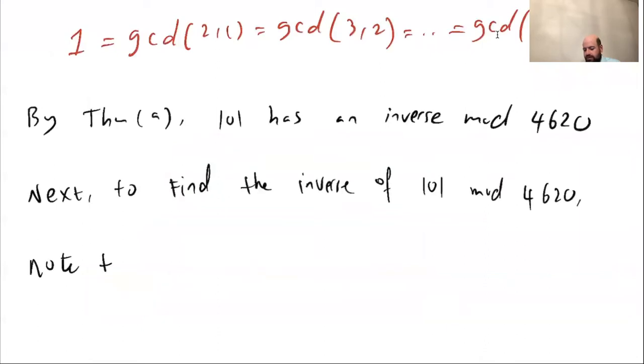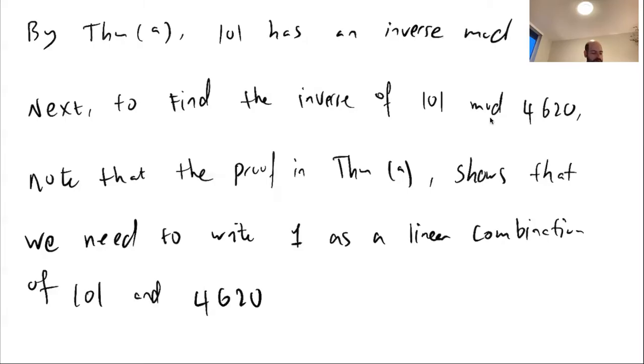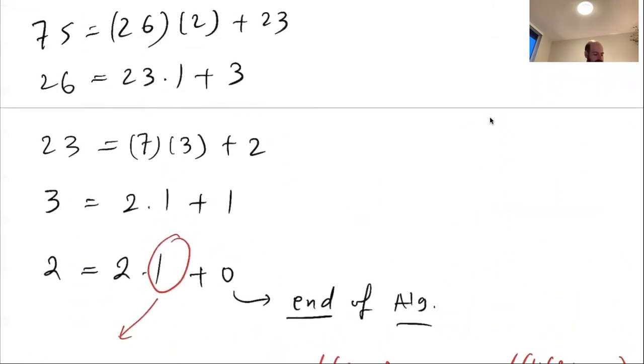Note that the proof in theorem part A shows that we need to write 1 as a linear combination of 101 and 4,620. So let's look at the proof of theorem again, part A.